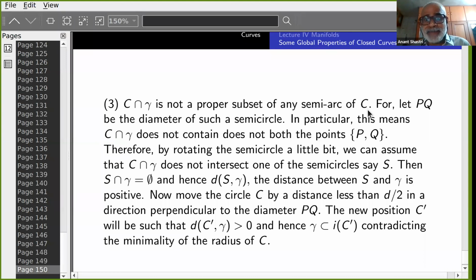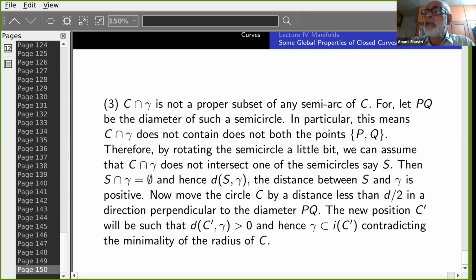The major axis will be the diameter and the center will be the center. That circle is the circumscribing circle. Now, what are the points of intersection? Exactly the two points on the diameter. So they are contained in both the semicircles. So this is the only situation where it can happen, is the claim here.